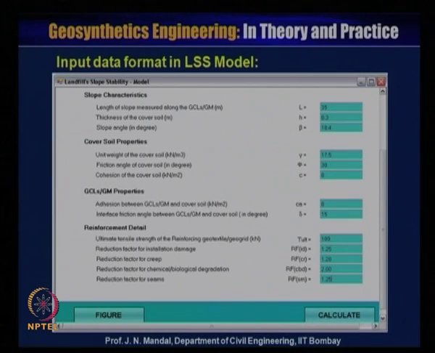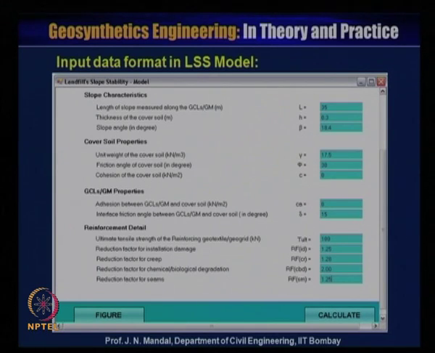So, here is the input data format in the landfill slope stability model. You need the slope characteristics, that means the length of the slope measured along the GCL or the geomembrane, that is L is equal to 35 meters, then the thickness of the cover soil, that is H is equal to 0.3 meter, and slope angle is equal to 18.4.